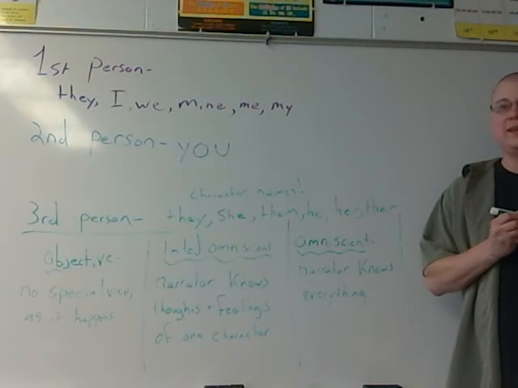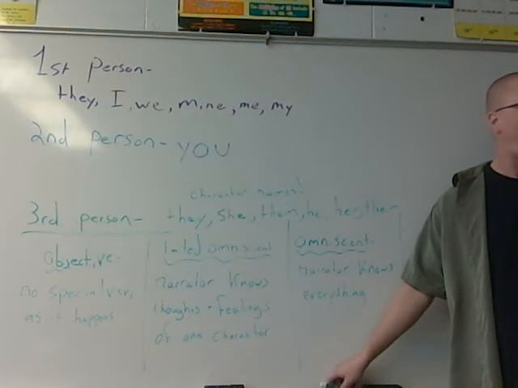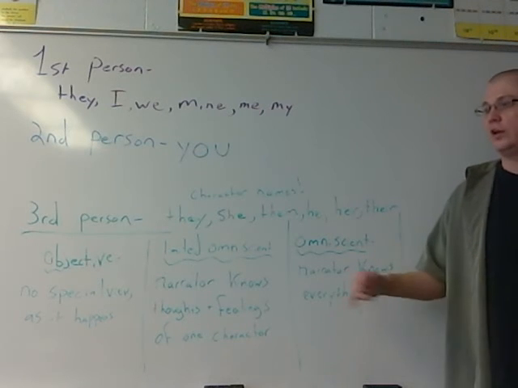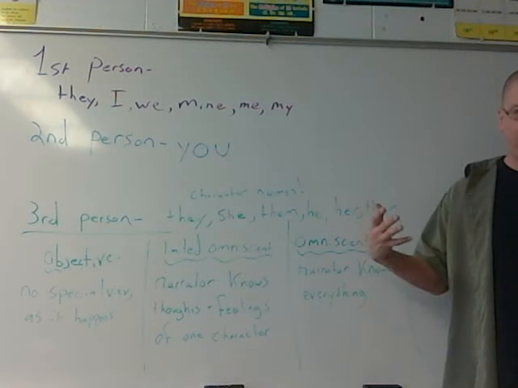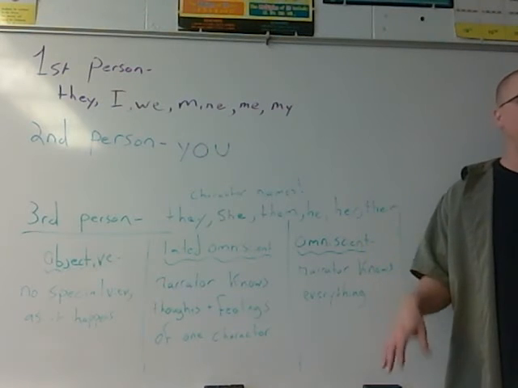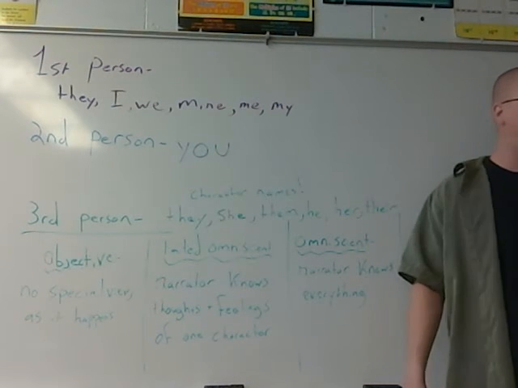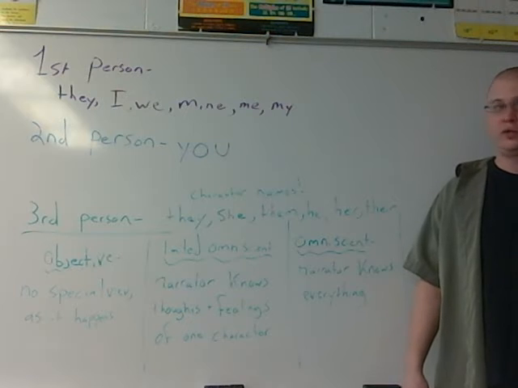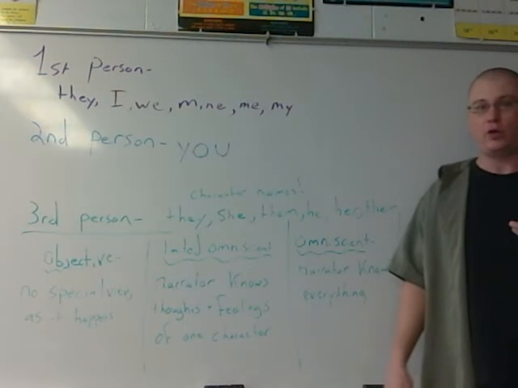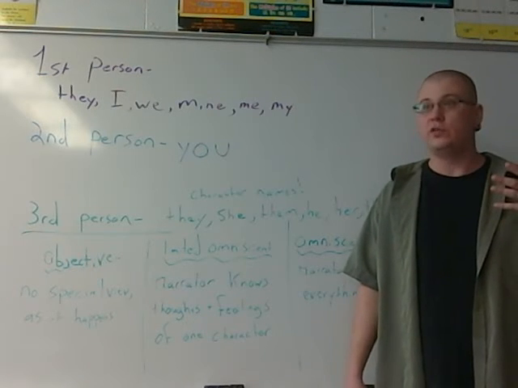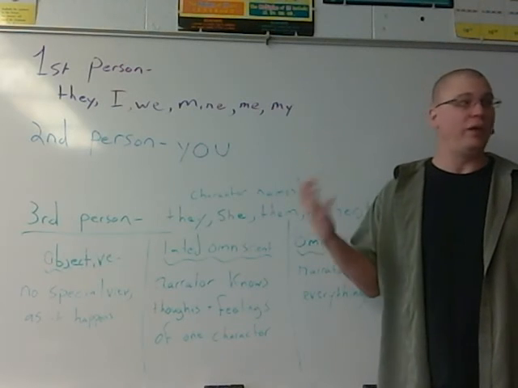Third person omniscient is not one you see very often because there's no mystery if the narrator knows what's happening in every character's brain. If I knew what every character in this classroom, all 23 of us, was thinking right now, number one, I'd probably go crazy. Number two, there's no mystery.